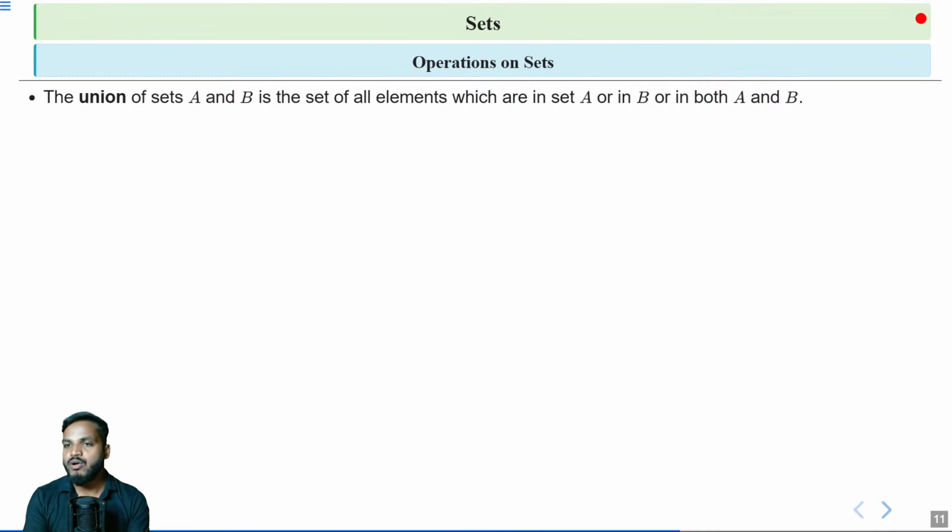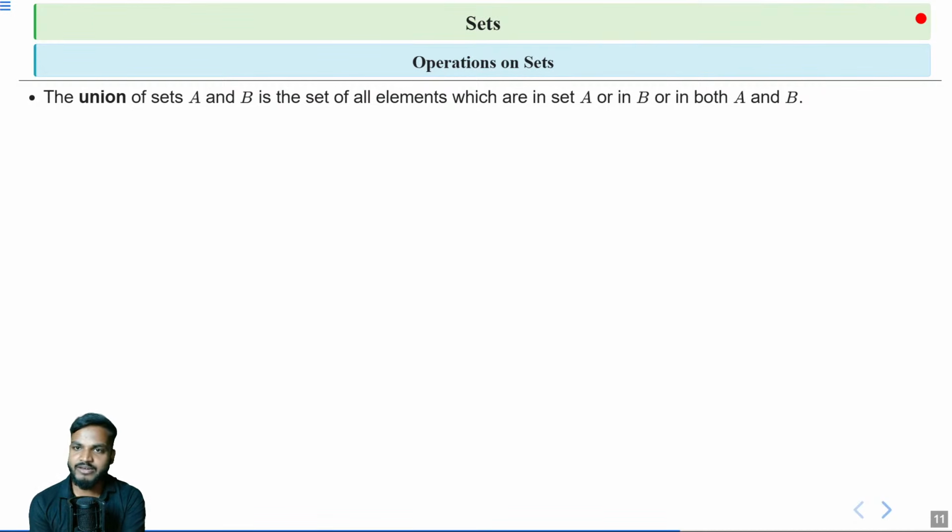Now we talk about operations on sets. The first operation is union of sets. If we have two sets A and B and we want to describe the union, the union of sets A and B is the set of all elements which are in set A or in B or in both A and B. So the union of sets A and B is a new set, formed by the elements of A and B both.